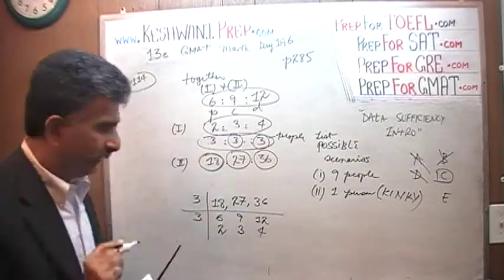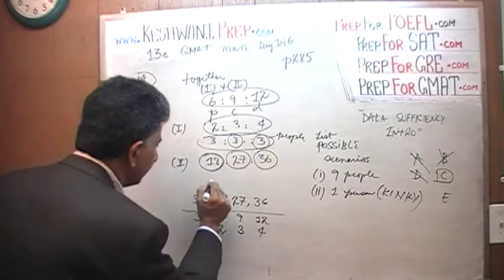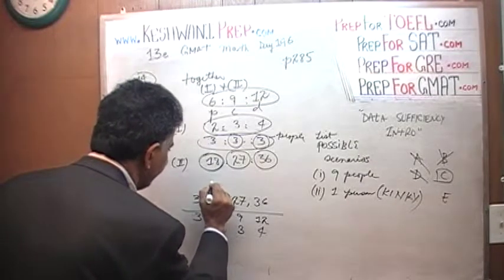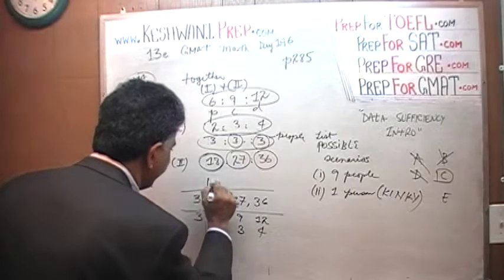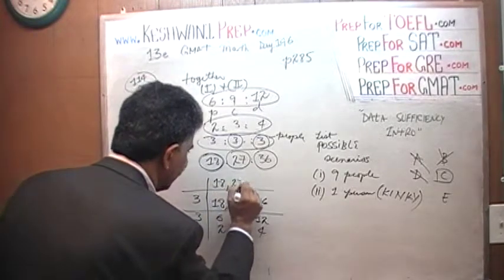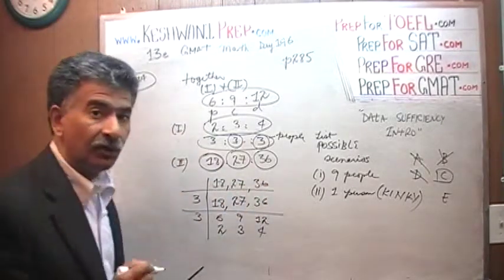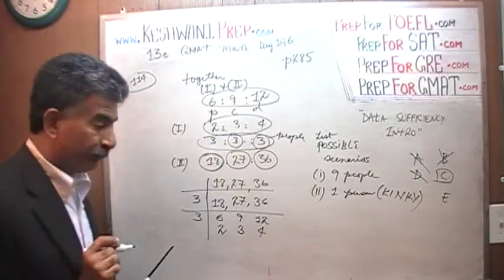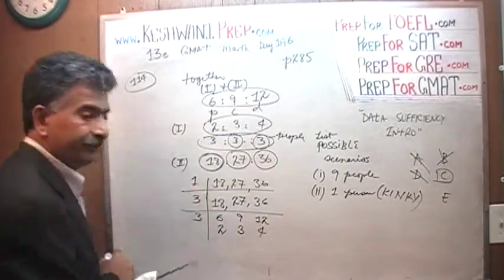Therefore, there are 3 possibilities. I left one out, so I'm going to start from the top here. Just to show you the theoretical aspect of the problem, I left out 1.